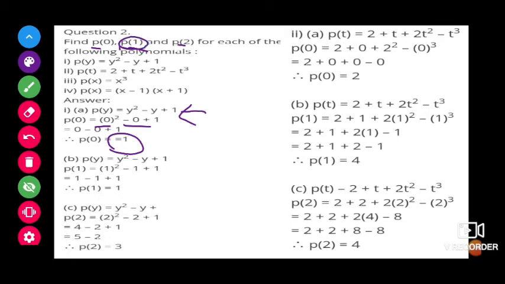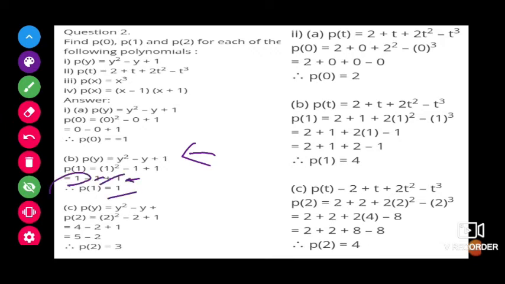In the place of y, we have to substitute 1. So y square means 1 square, minus y means minus 1, plus 1. Here 1 square means 1, minus 1 as it is, plus 1 as it is. Now plus 1 minus 1 we can cancel, the remaining is only 1.